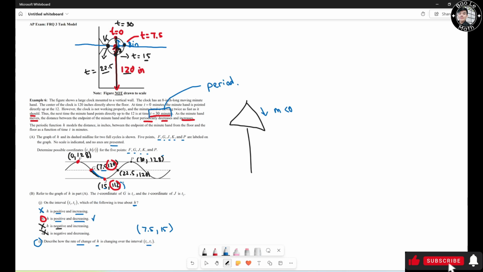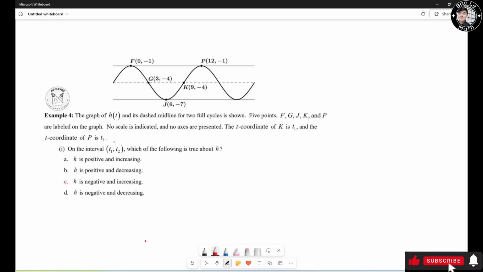So, because the function is concave up, the rate of change of the function h is increasing. So we just say on the interval t1, t2, the function is concave up, so the rate of change is increasing. Now let's move on to the next example.